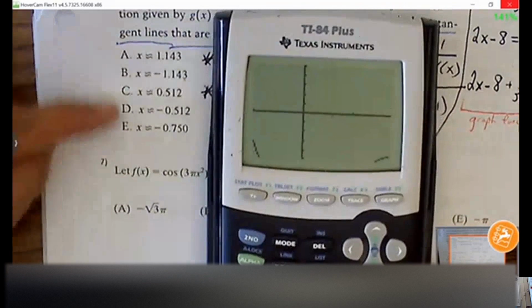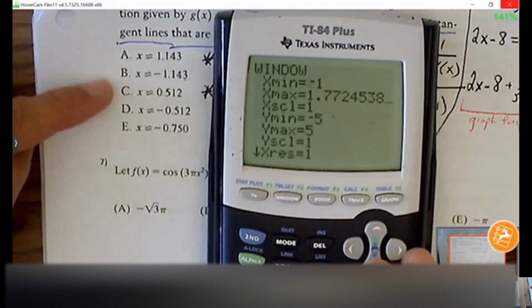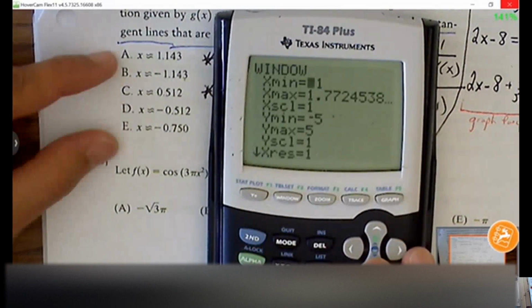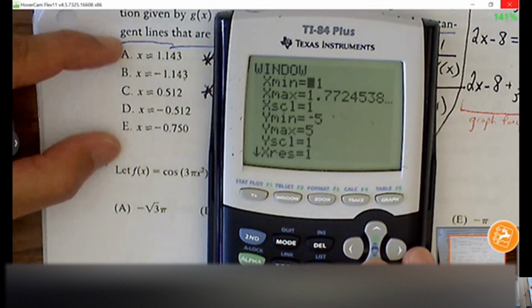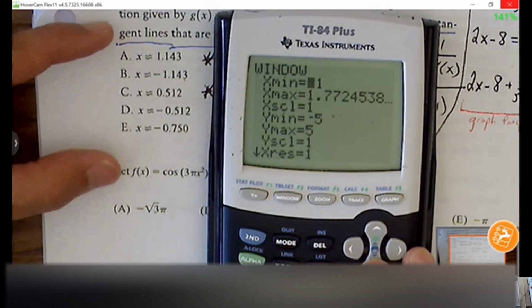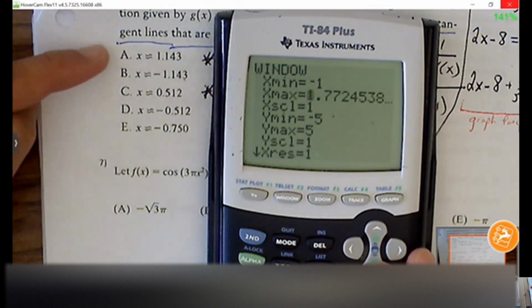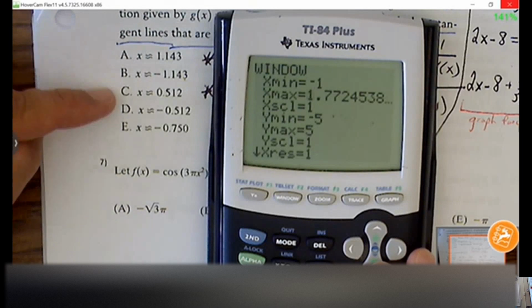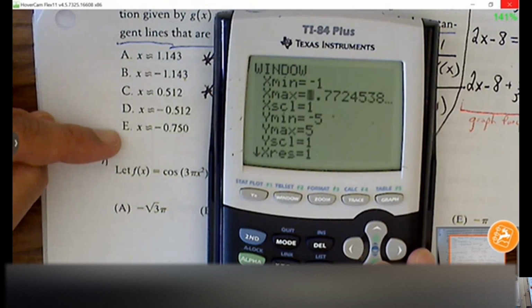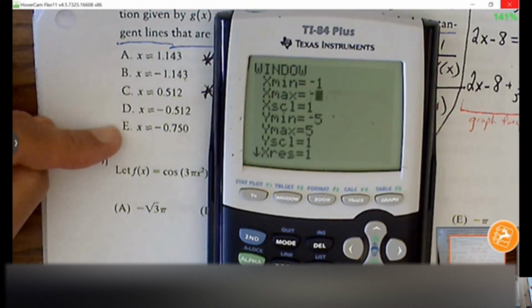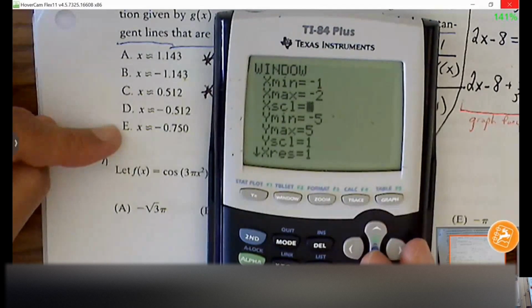Okay. I think what I should have done was look at my answer choices and then choose my x values so that I'm just a little bit outside of either extreme. So let me go from negative 2 to 1. How's that? Whoops. Scale should be 1.